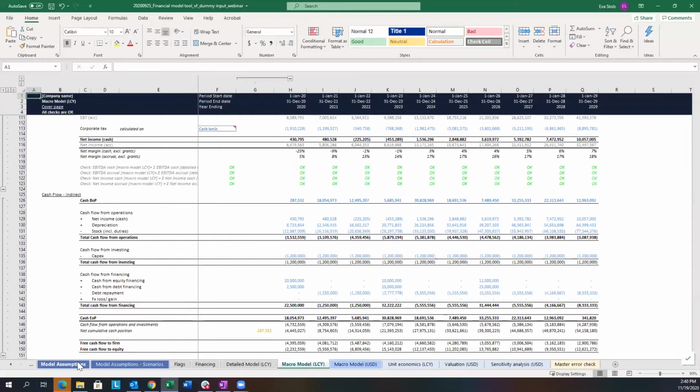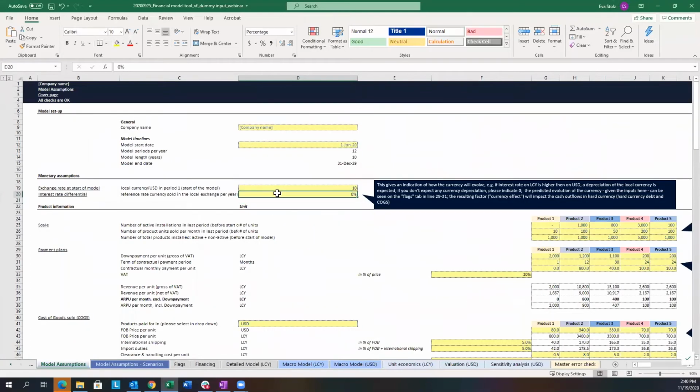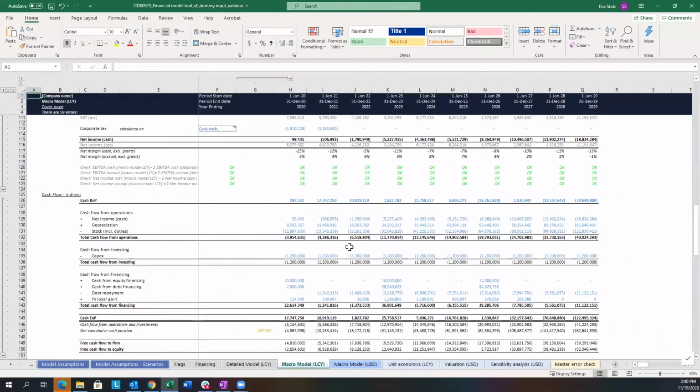And now if we change the interest rate differential to 5% here, you see that in local currency, what you have to pay back is more than that. So previously it was 1.25 for 21 and 22, and now it's 1.3 for 21 and 1.4 for 22.